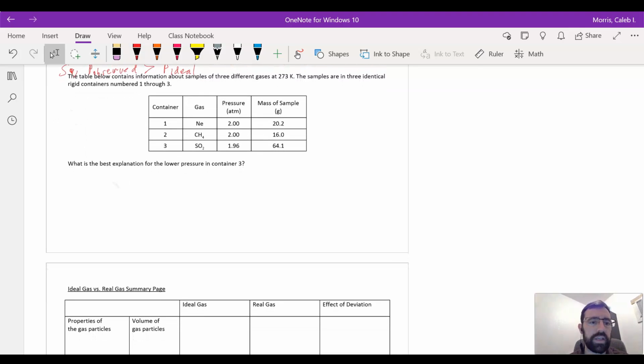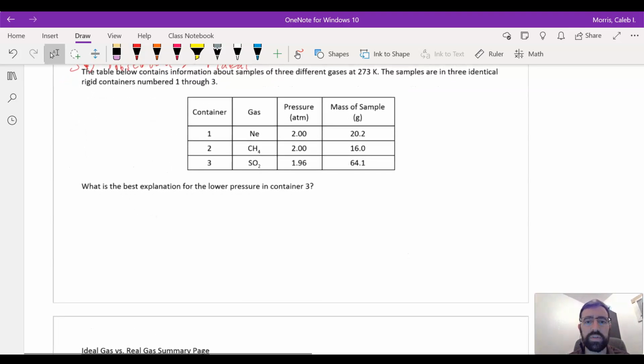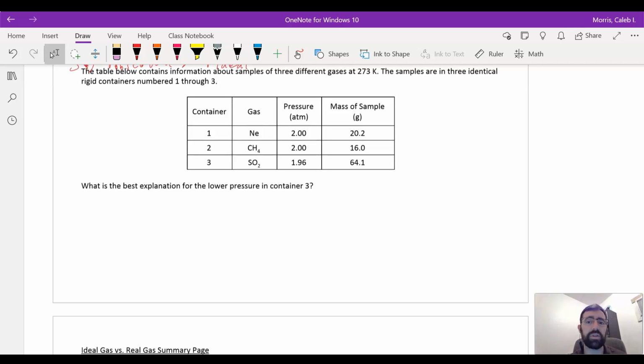The table below contains information about samples of 3 different gases at 273 Kelvin. The samples are in 3 identical rigid containers numbered 1 through 3, so they have the same volume. What's the best explanation for the lower pressure in container 3? So why would the pressure be lower in container 3?